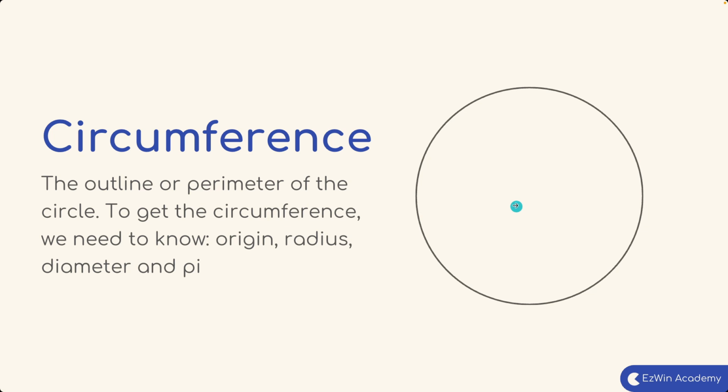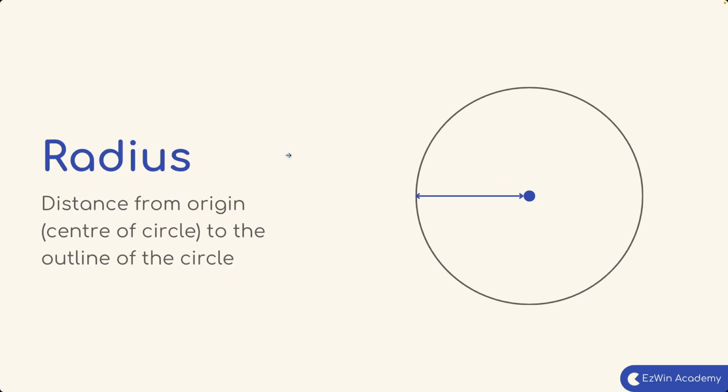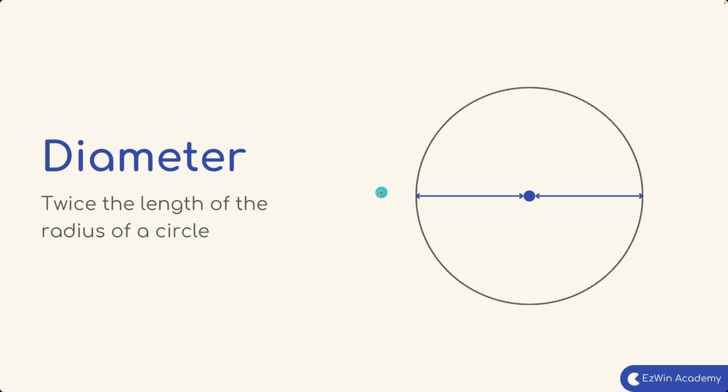In order for us to know the circumference, we need to know a couple of things: the origin, radius, diameter, and pi. Yum. So the origin is basically the middle or the center of the circle. And the radius is the distance from the origin, which is the center of the circle, to the outline of the circle. The diameter is basically twice the length of the radius of a circle.